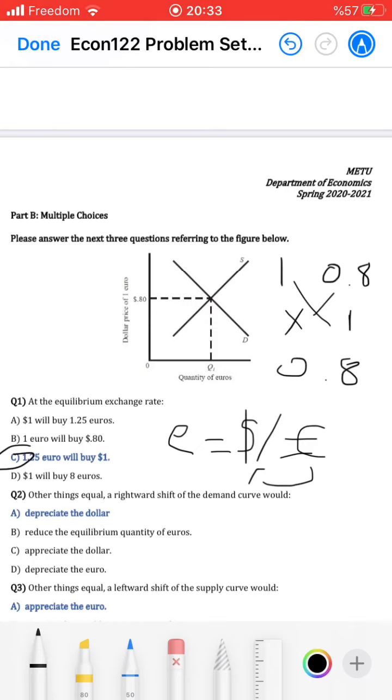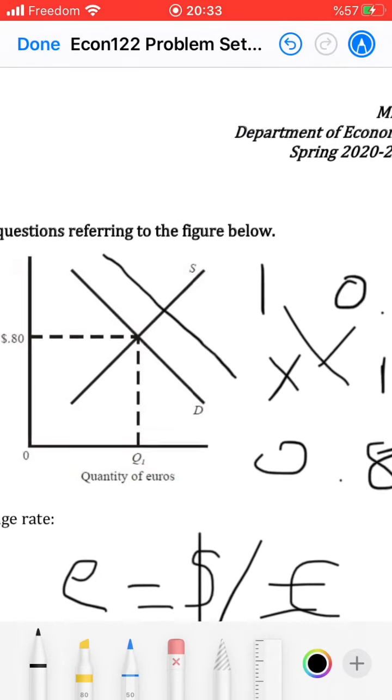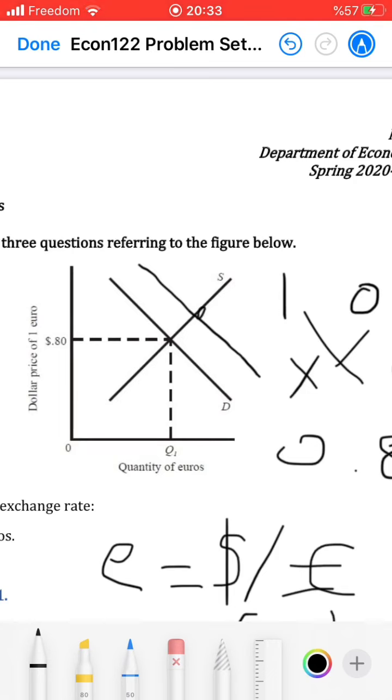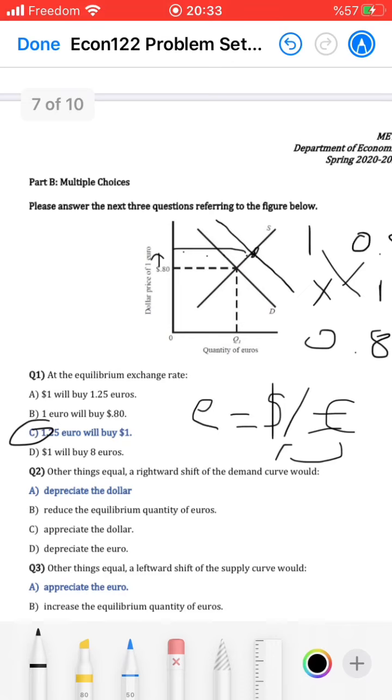Question 2, other things equal, a rightward shift of the demand curve would. Let's shift the demand curve to the right. If you shift this to the right, the new equilibrium rate will be here, so it will be higher than the initial position. So what will happen? It will depreciate the dollar, because when E is increasing, it signals a depreciation of the home currency.